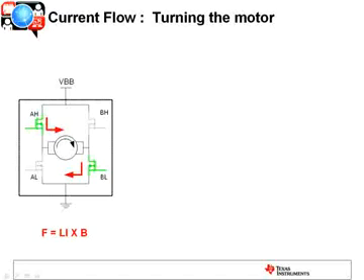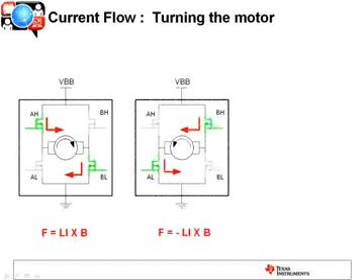Now through Lenz's law, we know that when current flows through a conductor in a magnetic field, you're going to generate a force, therefore that motor is going to start to spin. Now if you turn on the opposite high and low side FETs, the current will flow in the opposite direction, therefore it's a negative current, the force will be opposite, and the motor is going to spin in the opposite direction.